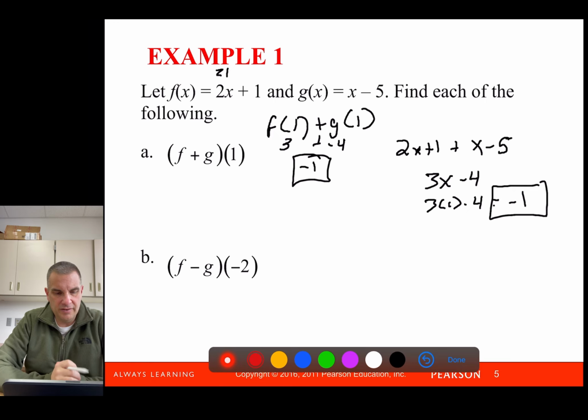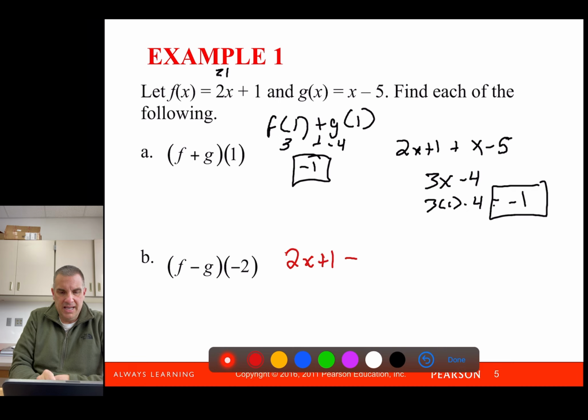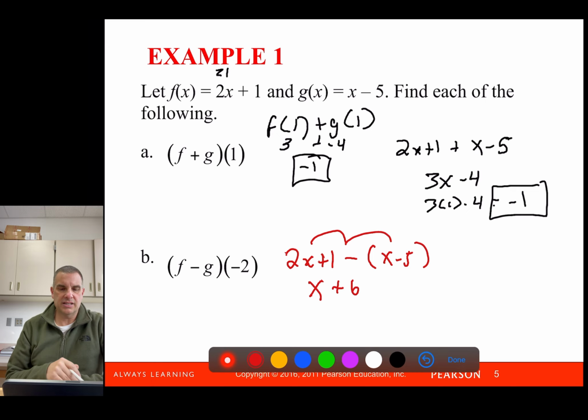So f minus g, so 2x plus 1 minus x minus 5. That's 2x minus x, which is x. 1 minus negative 5 is 6. So that's x plus 6. Now we're going to evaluate it at negative 2.